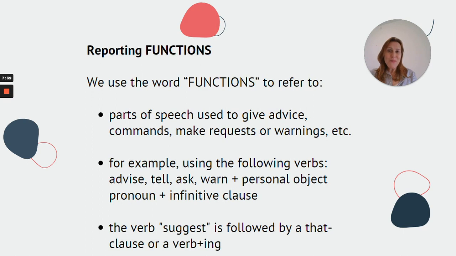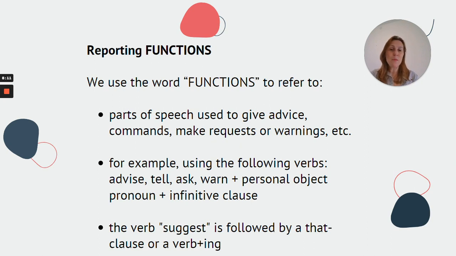We also learned that when we are reporting functions, we use the word functions to refer to parts of speech we use to give advice, commands, make requests or warnings, also suggestions. And we have learned that when using the following verbs, advise, tell, ask, and warn, we use a personal object pronoun plus an infinitive clause.